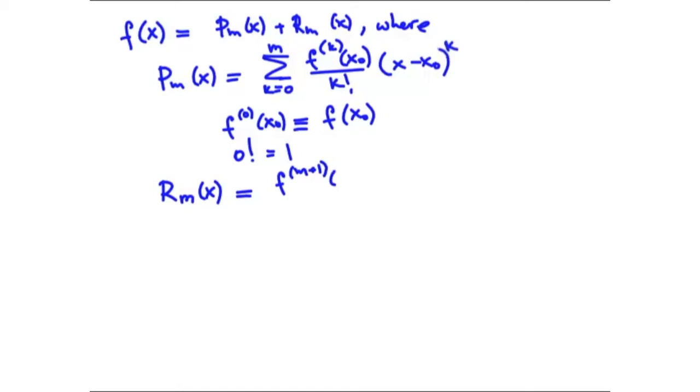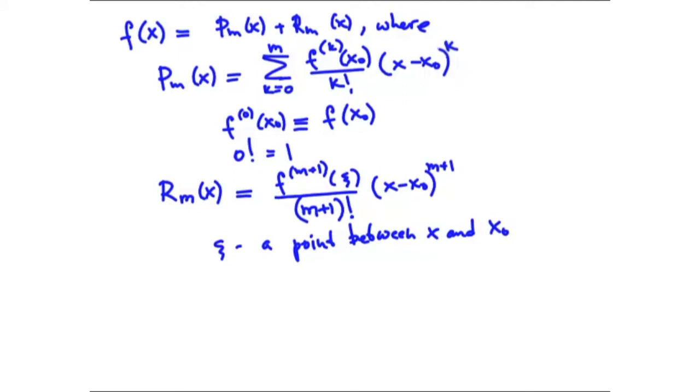Now it's not going to be x0, but it will be some point xc, which we'll discuss a little later, divided by m plus 1 factorial, multiplied by x minus x0 to the power m plus 1. So now what is this point xc here? Xc is actually a point that lies between x and x0.